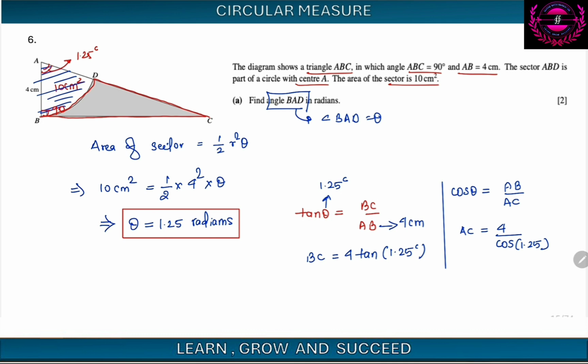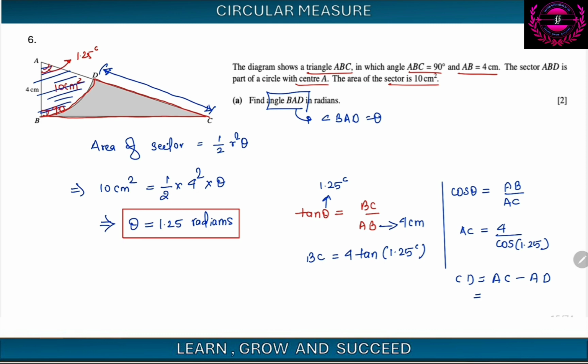So from this you have BC and AC, but you need the length of CD only. For the perimeter of the shaded region, you have to find the length of CD only. So you will subtract the length of AD from AC. For CD, we have AC minus AD, which is 4 upon cos 1.25 minus 4.